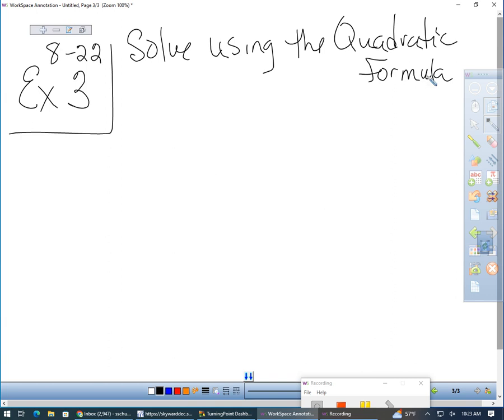And let's go with 3x squared plus 44x equals negative 96.